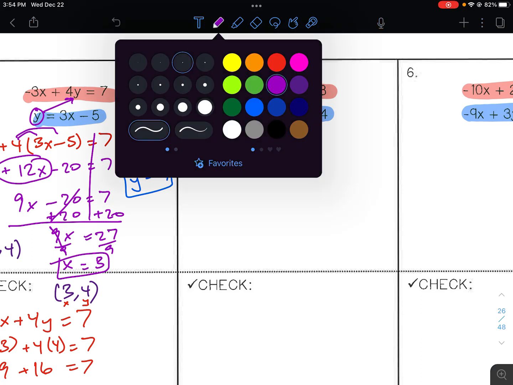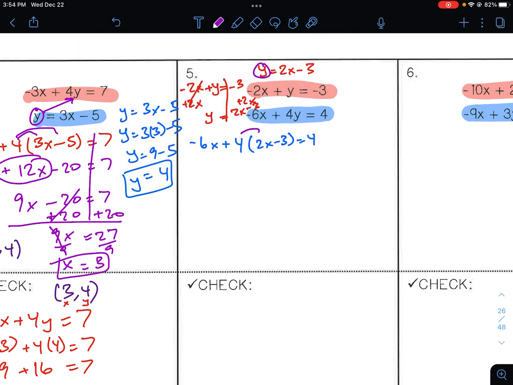Let's do distribution. Positive 4 times 2x is 8x, and positive 4 times negative 3 is going to be negative 12. That's a plus, remember, and this is minus 6x. Equal sign 4. Combine your like terms: negative 6x plus 8x is 2x, minus 12 equals 4.